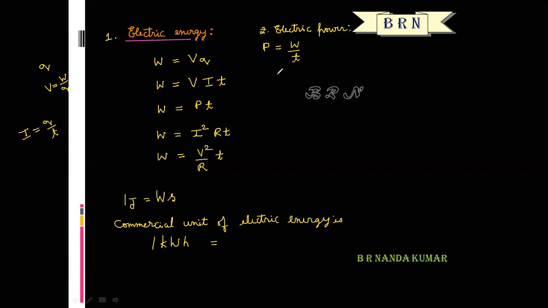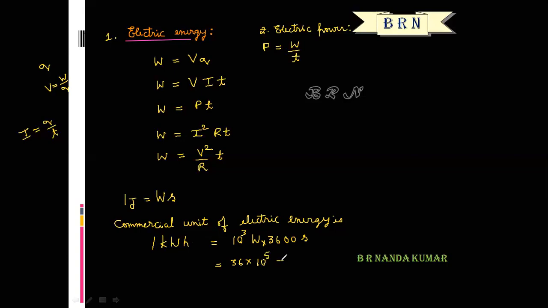So what is the meaning of kilowatt hour? 1 kilowatt hour is defined as the amount of electric energy consumed at the rate of 1 kilowatt per 1 hour. 1 kilowatt means 10 power 3 watt. 1 hour is 3,600 seconds, that is 36 into 10 power 2, so 10 power 3 into 36 into 10 power 2.